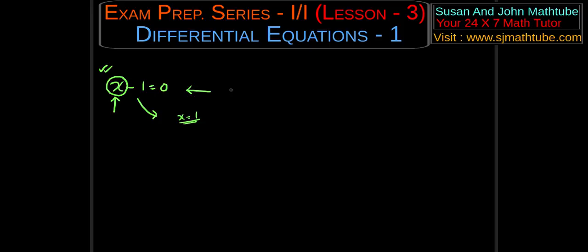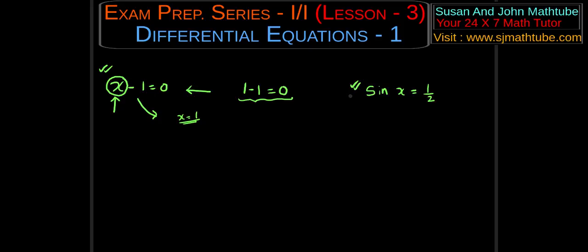And the reason is 1 minus 1 equal to 0, because if I plug in 1 instead of x, then that equation will be balanced. Now look at this. Suppose you have something like sin x is equal to 1 by 2. This is called a trigonometric equation.